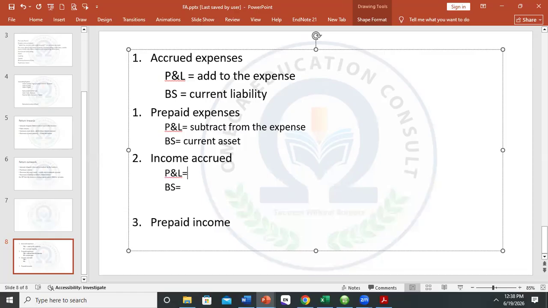Income accrued. Prof. Nicole, in the profit and loss account, what do we do to income accrued? It's added to the total income. It is added to the income. Okay. And Prof. Hillary, in the balance sheets, we show it as what? The current asset or current liability?